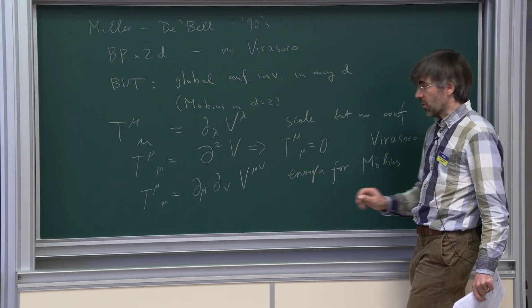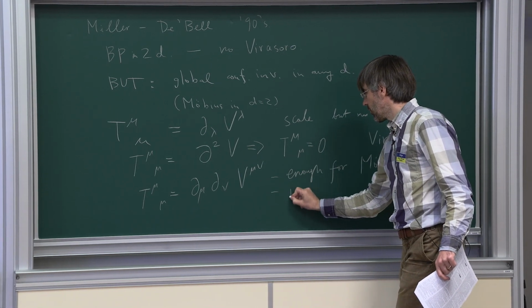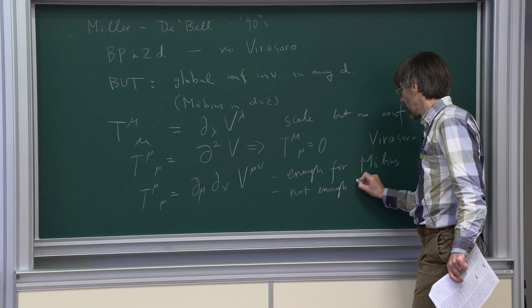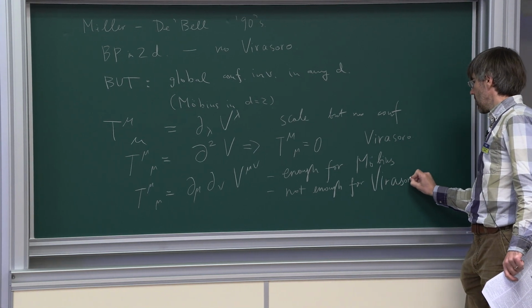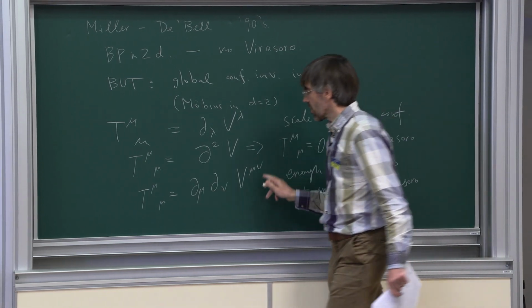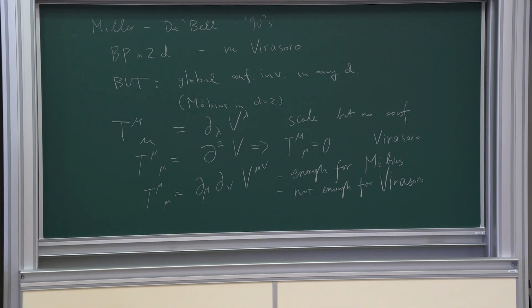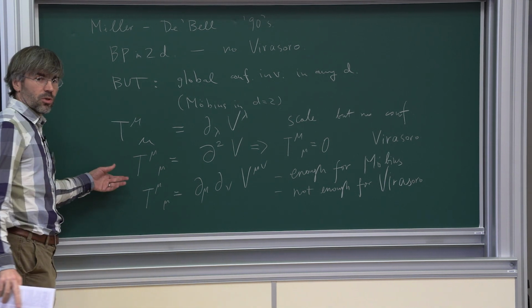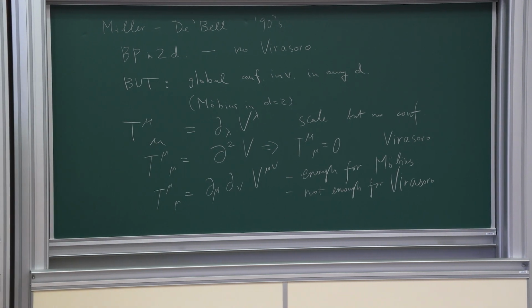It's enough for Möbius because of these 2 derivatives, but not enough for Virasoro. Because in 2 dimensions, given such a trace of the stress tensor, you cannot improve to T mu mu equals 0. So that was studied long ago in a paper by Polchinski. These improvement conditions.